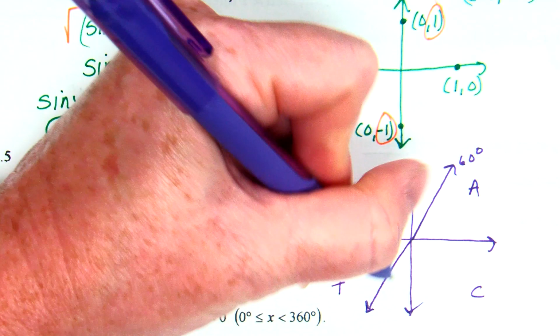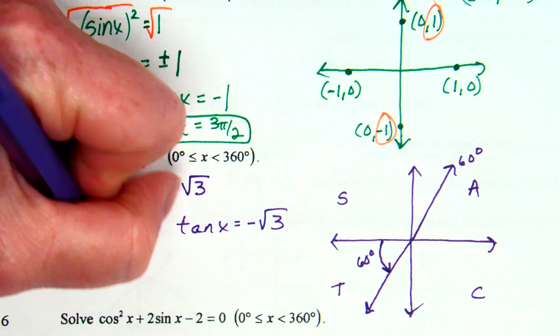My other positive is technically down here in tangent quadrant, right? And so at that point, we are going what? 60 degrees down there? So when tangent equals positive square root of 3, what's that answer? 240, because you have to do 180 plus 60, right?